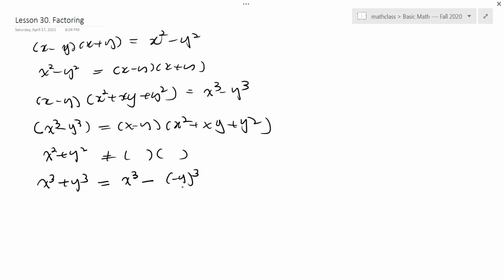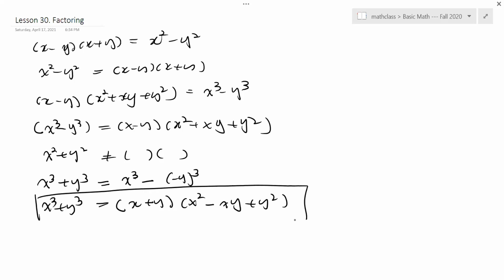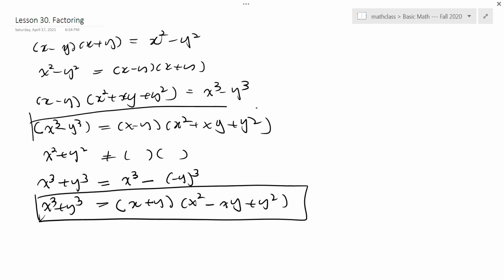So using the above formula, in the place of y you put a negative y, so again x plus y, and x squared minus xy plus y squared. Those are the two formulas.